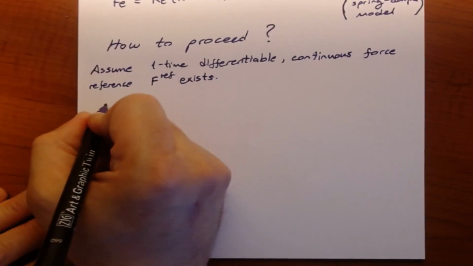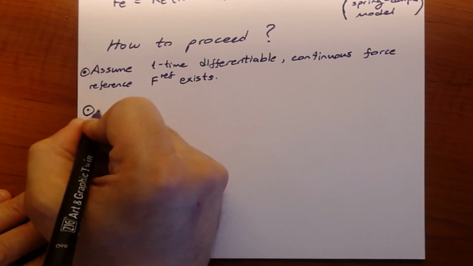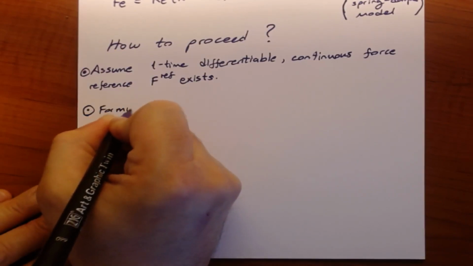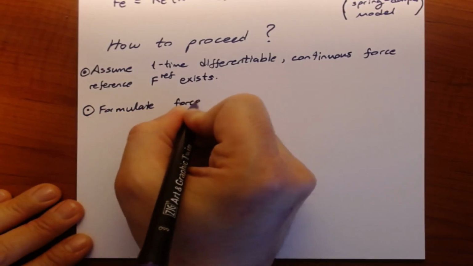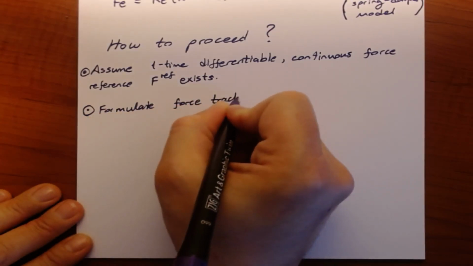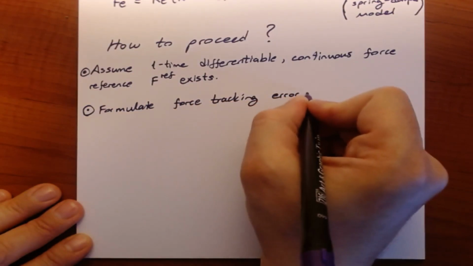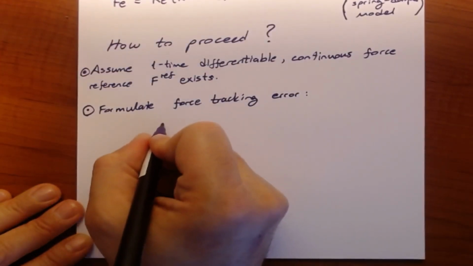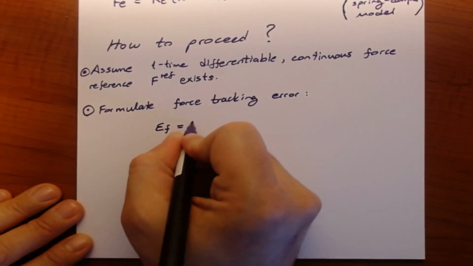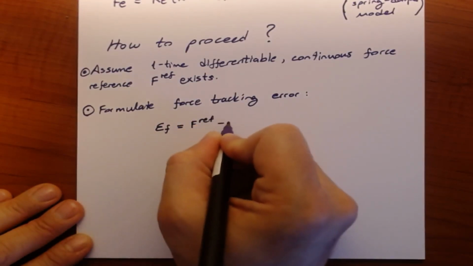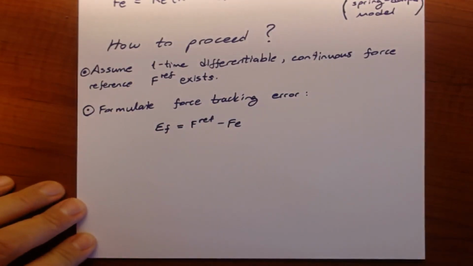Then formulate force tracking error. So let's have a look at it. The force tracking error EF will then be F reference minus F environment as usual, right?